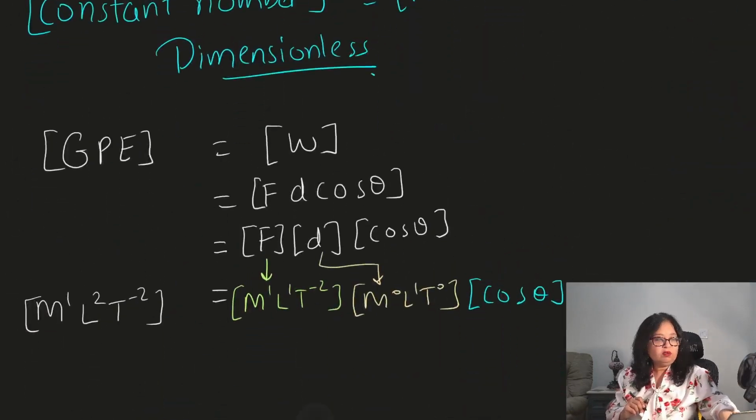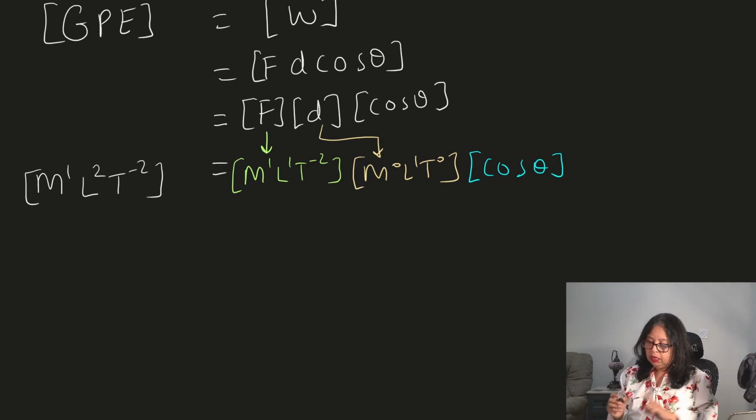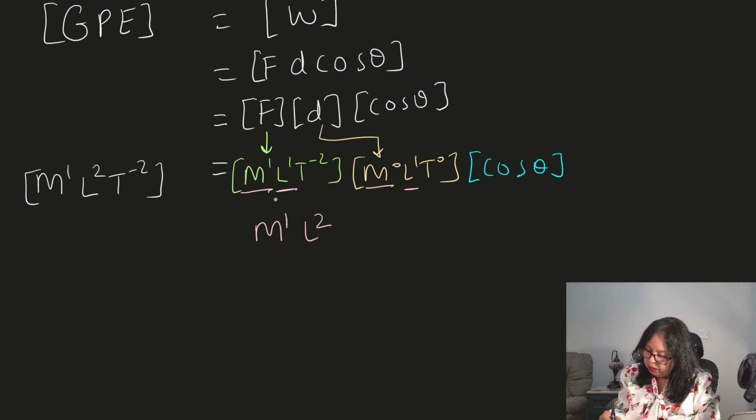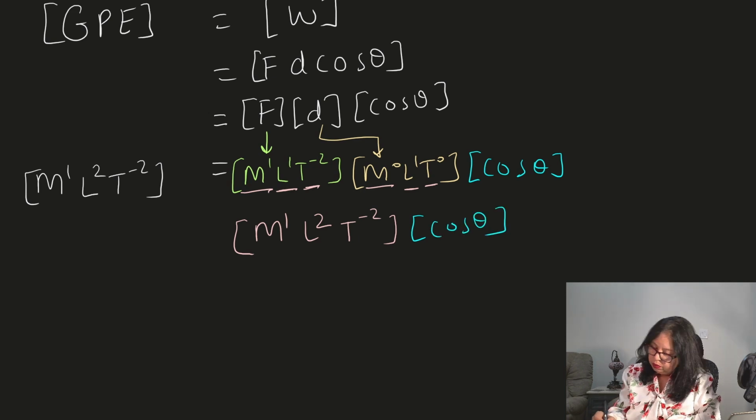So I'm just putting that in here. Now on the right-hand side, M1 times M0 gives you M1. L1 times L1 gives you L2. T minus 2 times T0 gives you T minus 2, times cosine theta equals M1 L2 T minus 2.